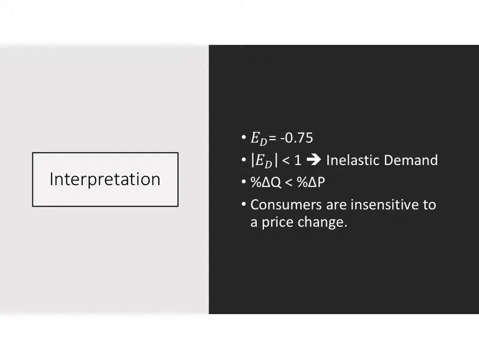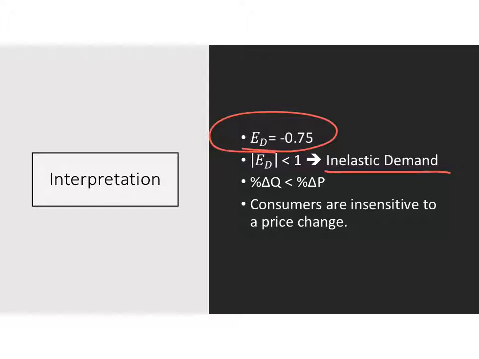Now, how do we interpret this number? How do we interpret this statistic of negative 0.75? Well, first, we know that this represents an inelastic demand. Why? Because the absolute value, this symbol, the two vertical bars, the absolute value of price elasticity of demand is less than 1. 0.75 is less than 1.